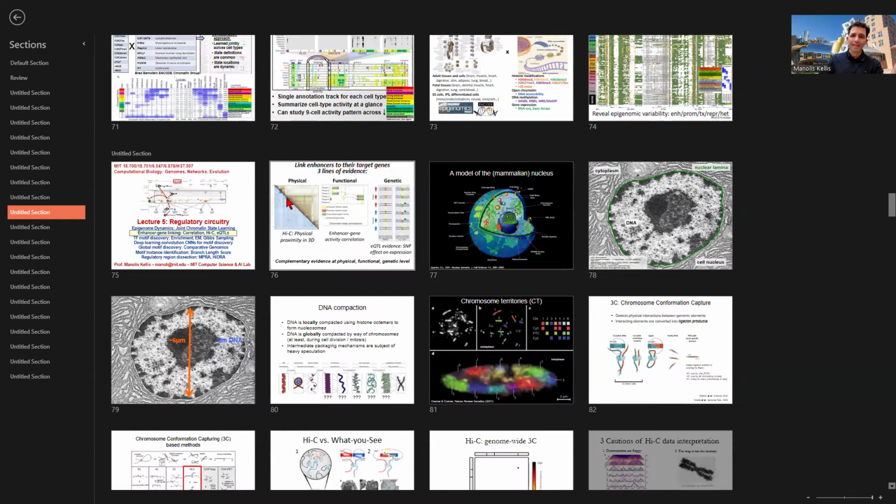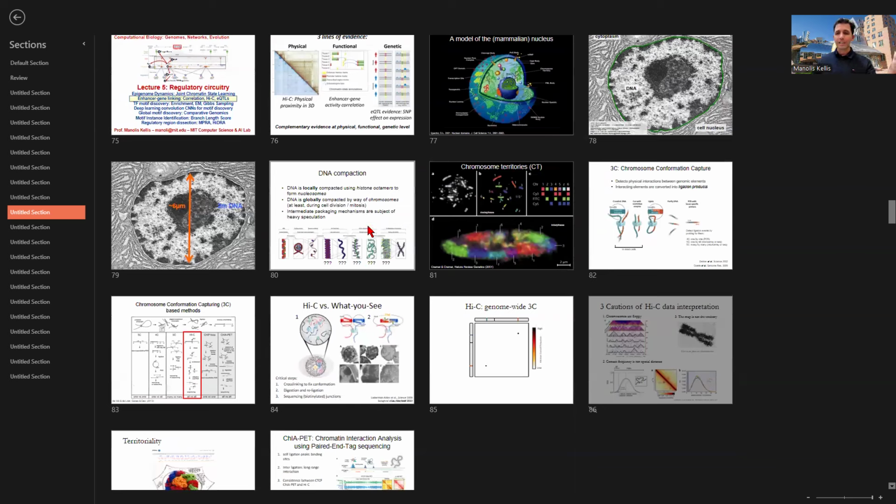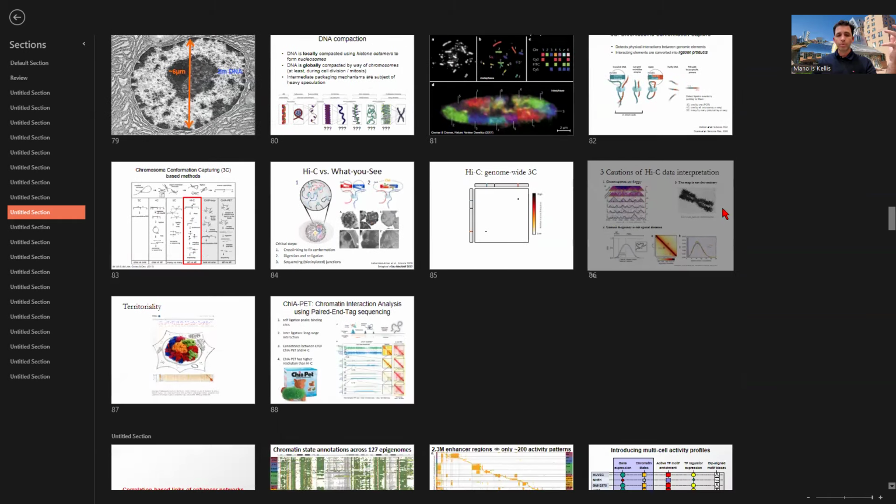Then we talked about how we can link together regions based on their correlated activity, based on genetic information, or based on their physical proximity when you chop up the genome and religate it, using the Hi-C approach of chromatin conformation capture, but now applied to the whole genome.